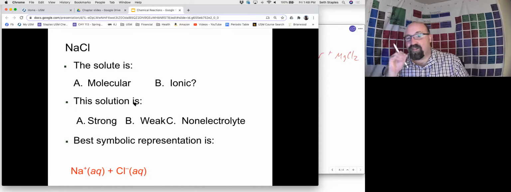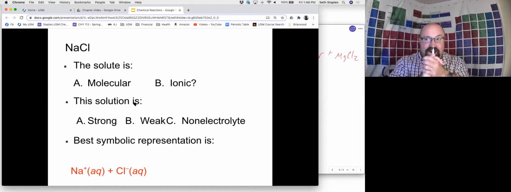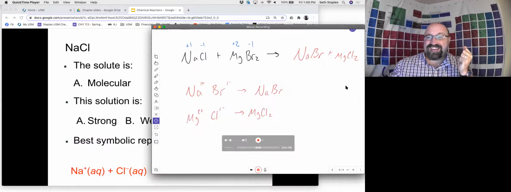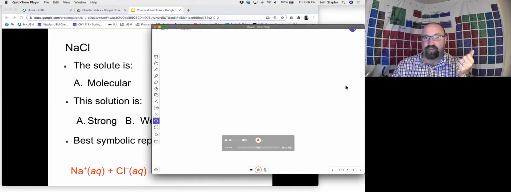If something is an electrolyte, it's going to split up into its ions when it dissolves in water. And so what actually exists in an NaCl aqueous solution is not just NaCl still lumped together. It's the sodium ions and the chloride ions. That is the key defining aspect of an electrolyte solution.